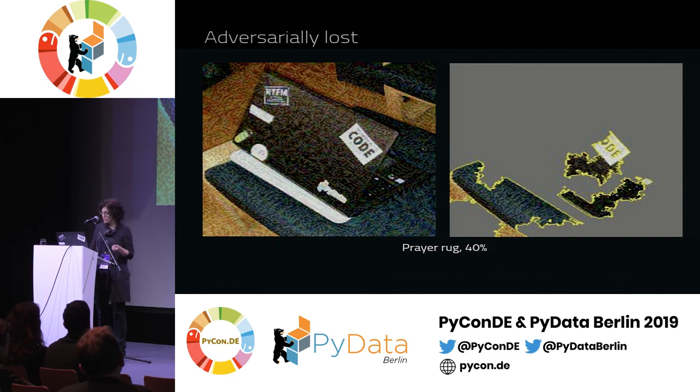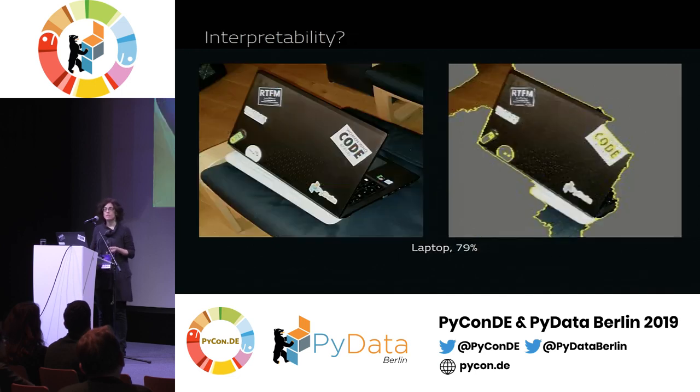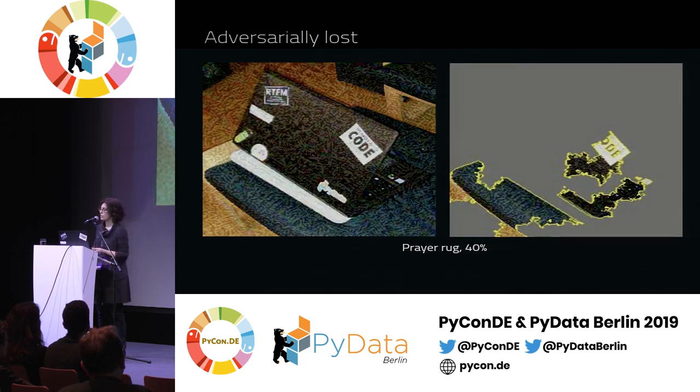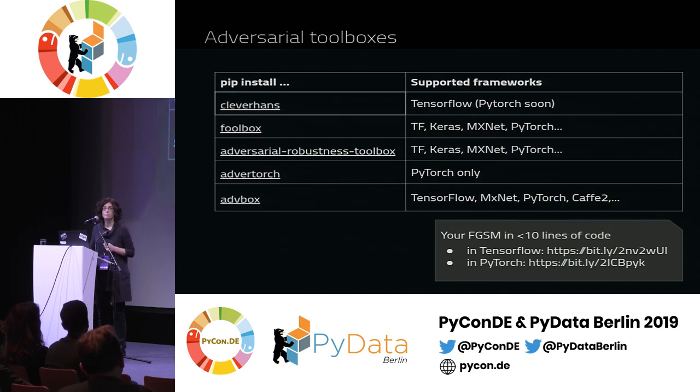And the difference is quite notable. So in the first case, it's focusing on what it should. It's looking at the laptop, and it's looking at what I would look at if I'm trying to identify it, right? And in the case of the perturbed image, all that is completely lost, and it's actually looking somewhere else. So now you can understand why it's thinking this was a prayer rug.